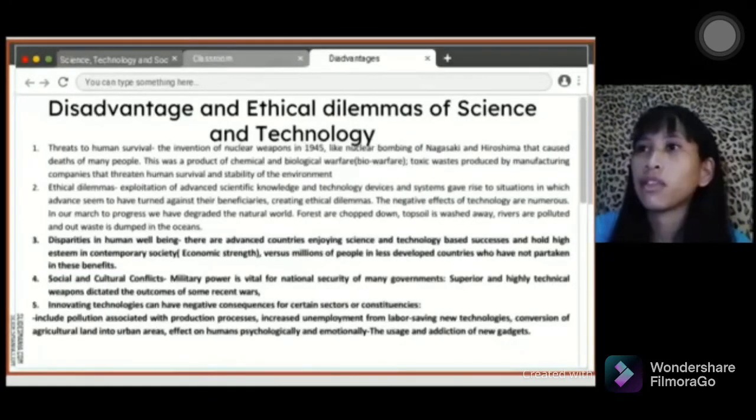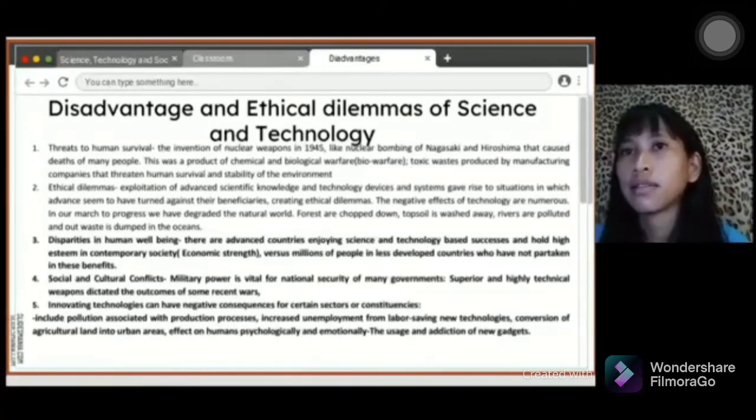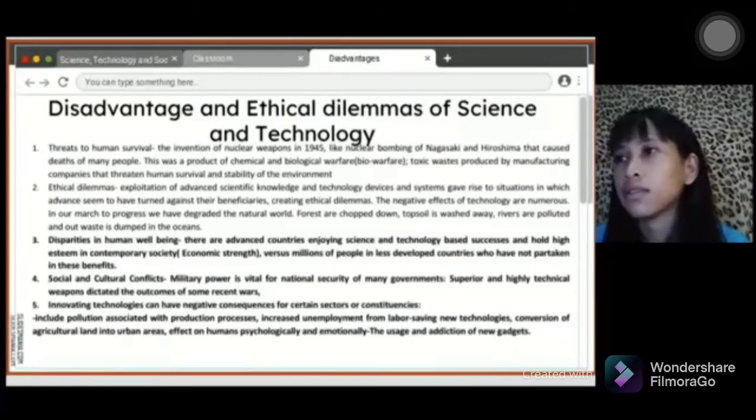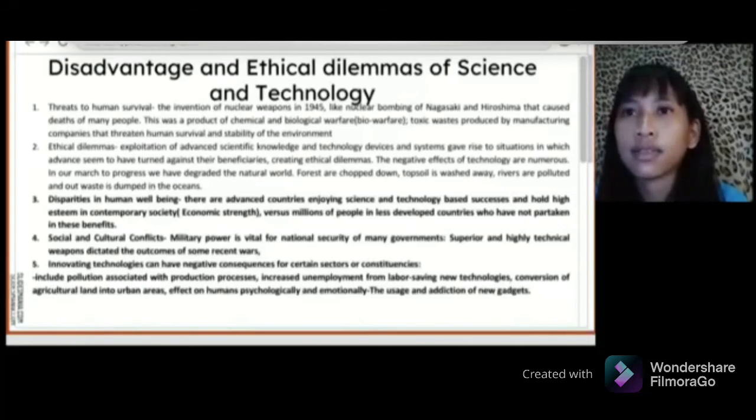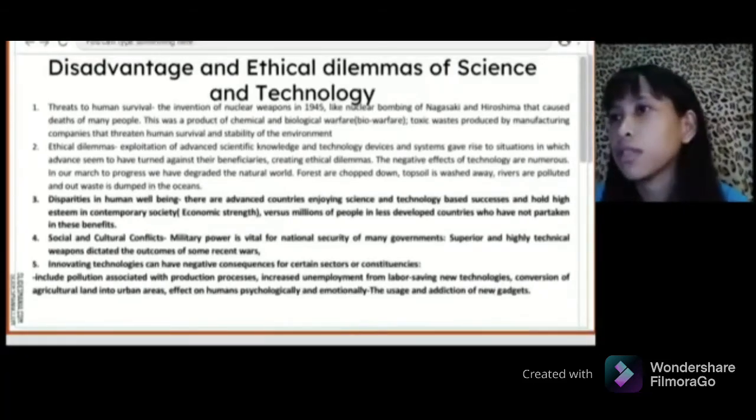The disadvantages and ethical dilemmas of science and technology. Number 1, threats to human survival. The invention of nuclear weapons in 1945, like the nuclear bombing of Hiroshima and Nagasaki, caused the deaths of many people.